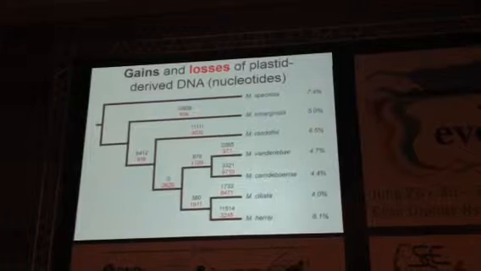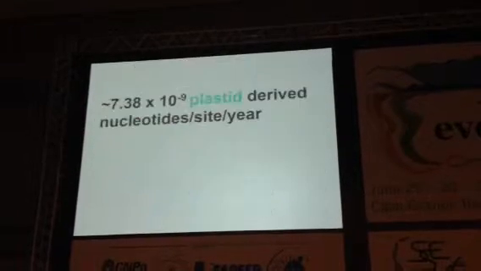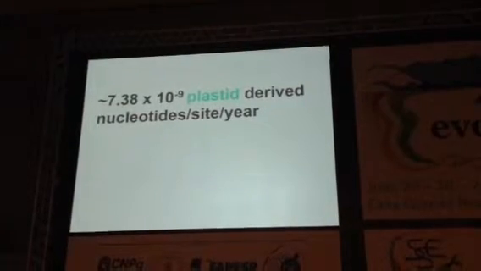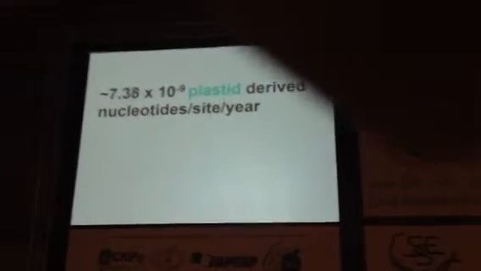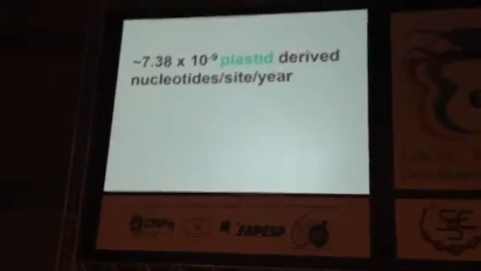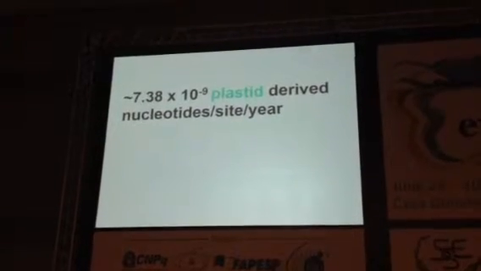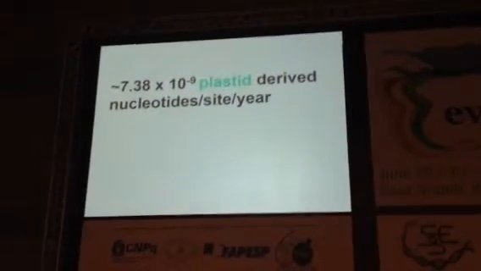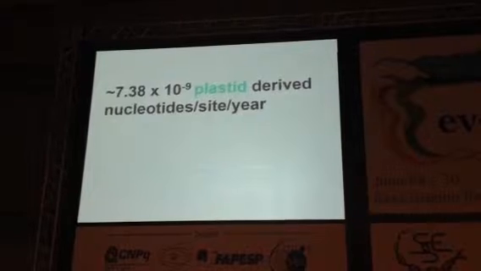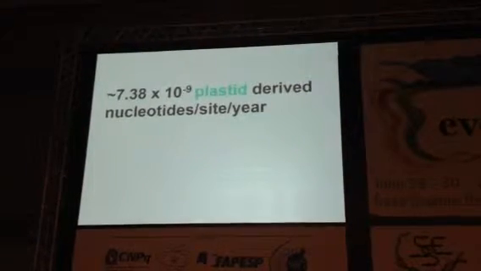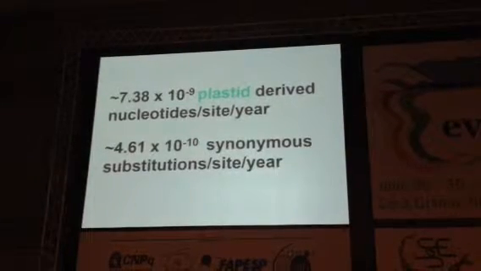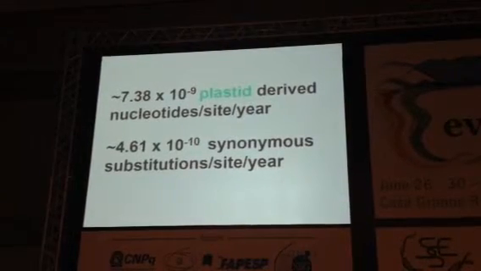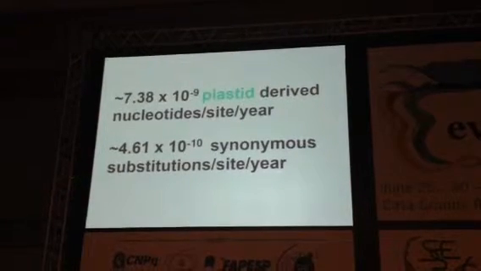So what we can do is we can calculate a rate. Now this rate is the number of nucleotides which are plastid-derived per site per year in the mitochondrial genome. Now for a point of reference, if you look at the synonymous substitution rate in the Monsonia genomes, what you see is a rate that's about an order of magnitude lower.